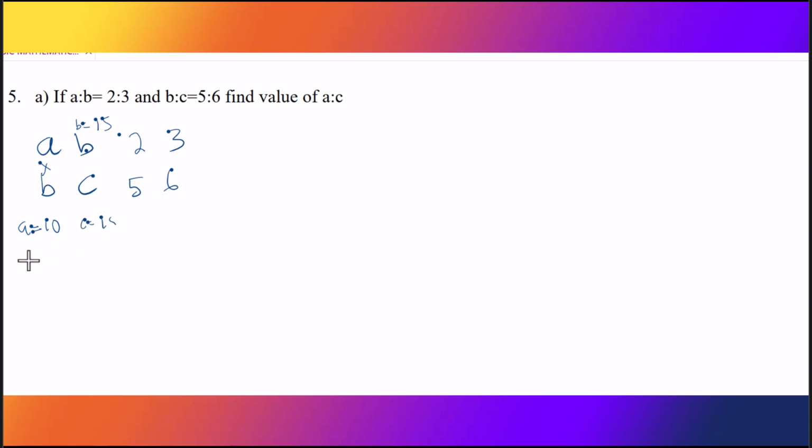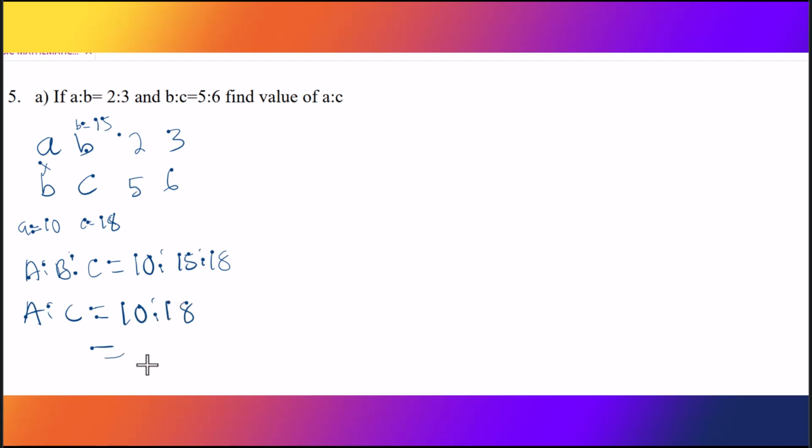So the ratio A to B to C is 10 to 15 to 18. So A to C is 10 to 18, which you can simplify by 2 to get 5 to 9. This will be your answer.